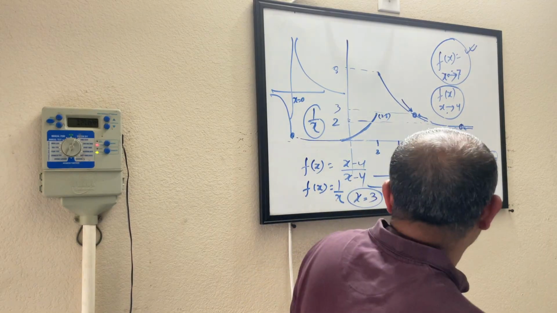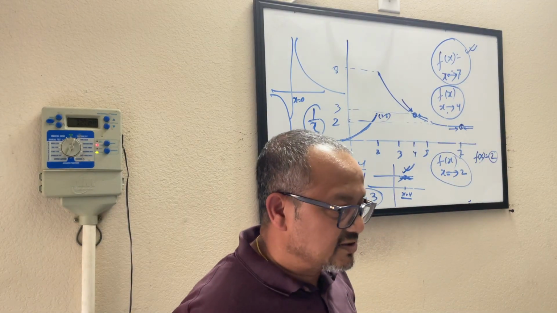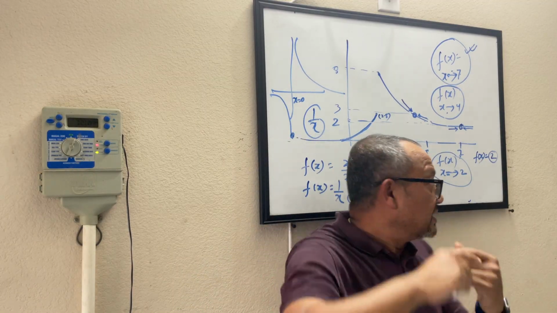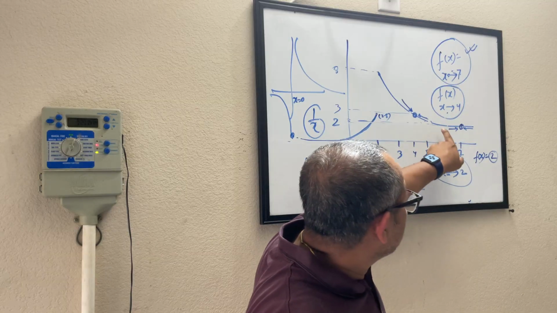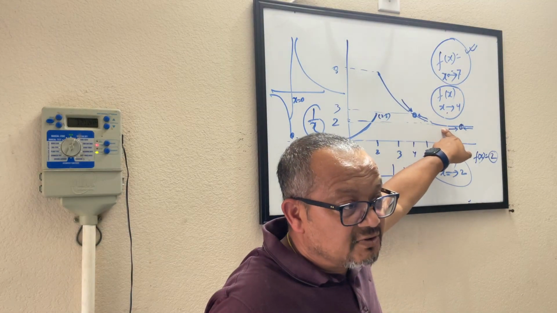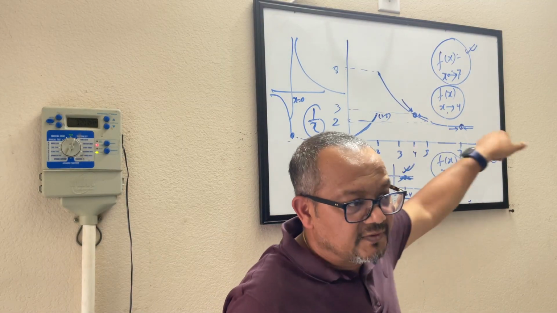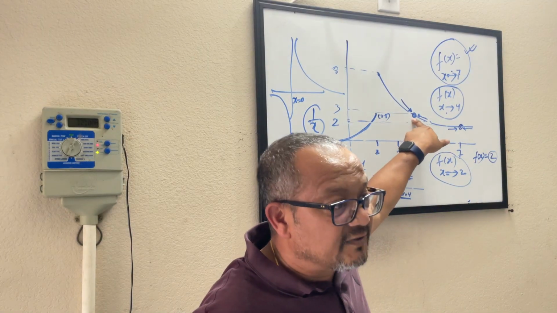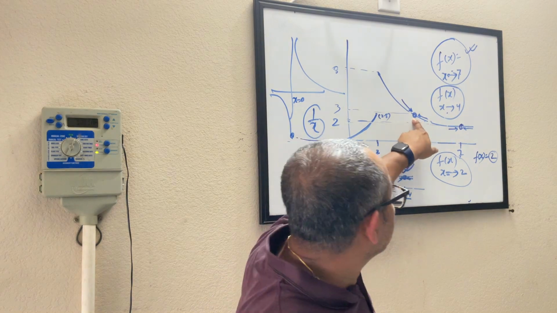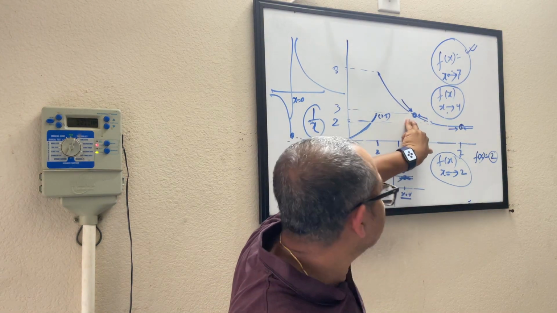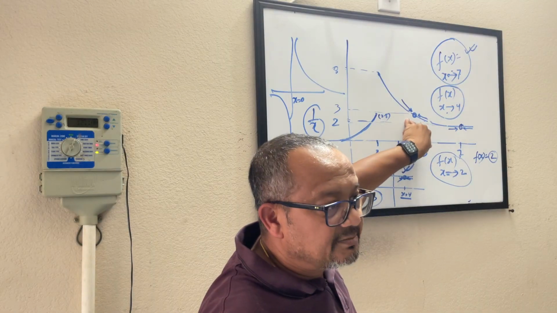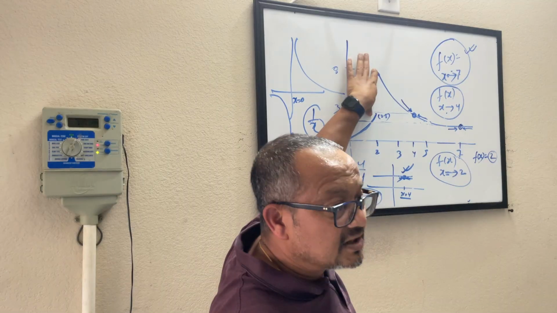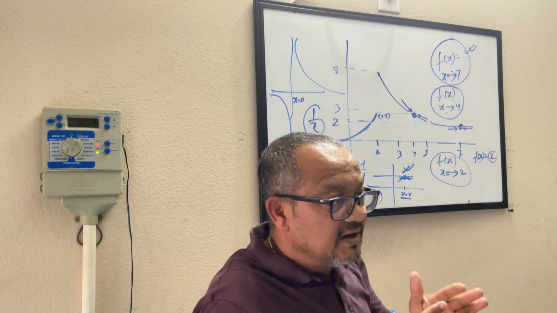Okay, not a problem. But you guys got these three flavors, right? You will have the function at any limiting point. If you see it being contiguous and not being undefined, it's a regular function with valid values. You have some limiting points where the function becomes undefined. That is where you will say you have a limit, but it becomes undefined at that point. And you will have scenarios where the function will go out of bound.